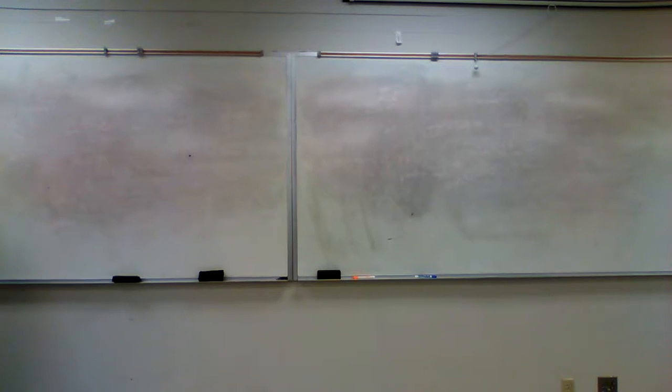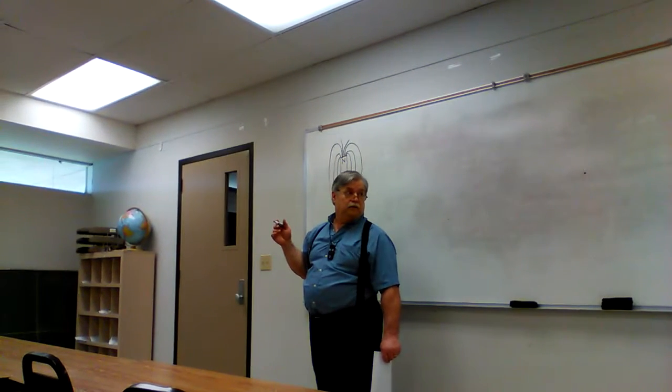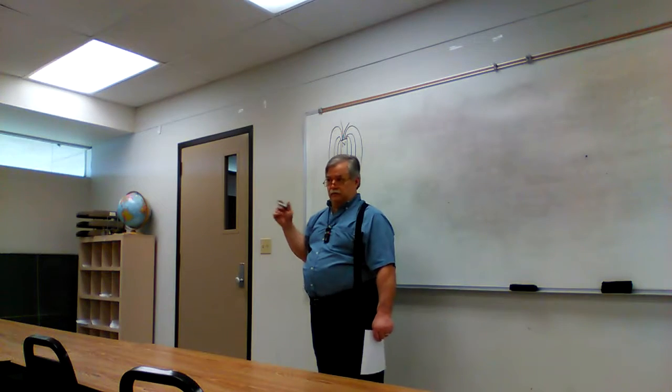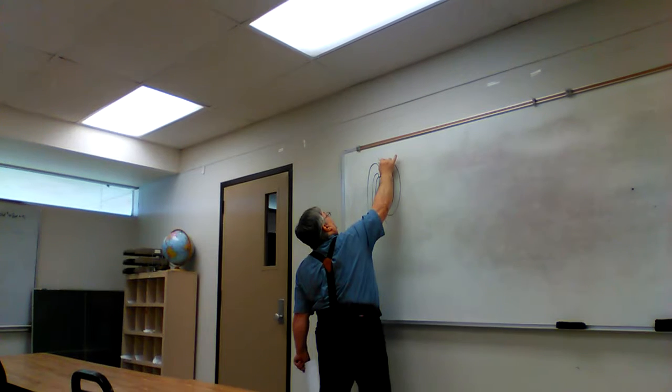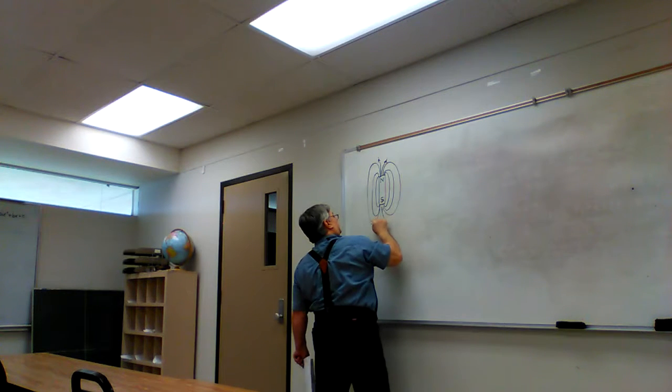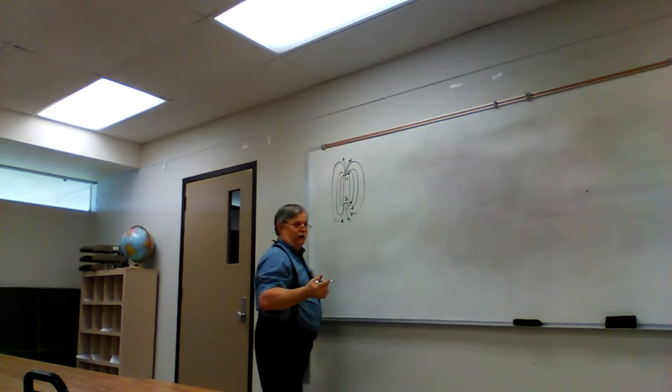What direction do I put the little arrows? Say again? No, north to south. The field points from the North Pole to the South Pole. Hey, you had a 50-50 shot, right?